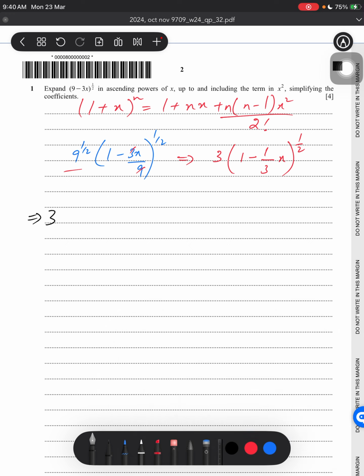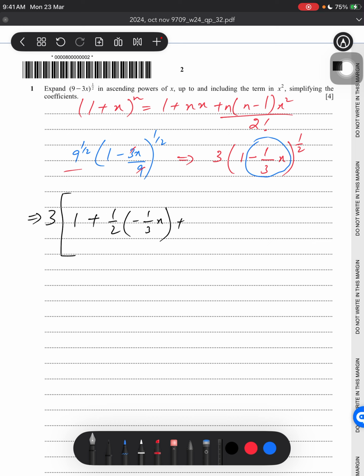Three is the first term as it is. In the brackets, that needs to be solved because the theorem applies to that bracket. The first term is 1, just write 1 as it is. Then you have n, which is 1 over 2, or half, times x. Over here the x is this whole term, so I would write x as bracket minus x over 3.